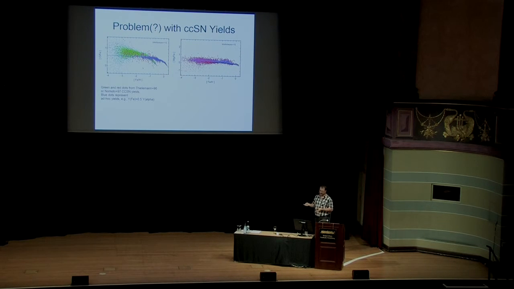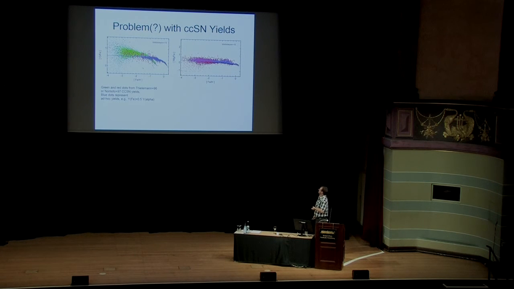But we know that the iron yields are not so well defined, and if we, just to test, artificially reduce the iron yield to 0.5 of the alpha yield, we might even get a straight line until the type Ia supernovae kick in for sure, but we get a straight line, so no scatter at all. So there might be a problem with the core collapse supernova yields, which says that these really have to be improved still.